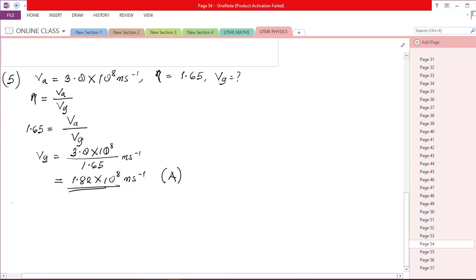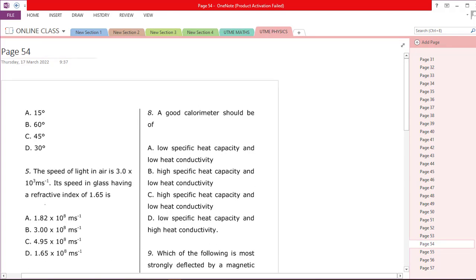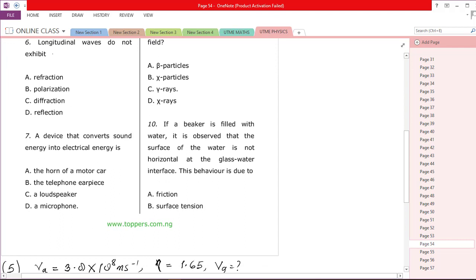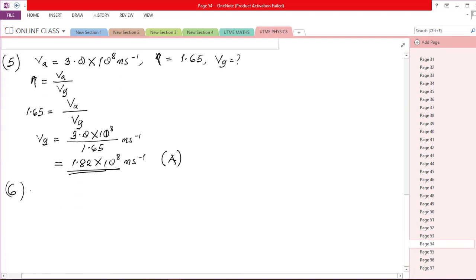Then number 6. What's number 6 here? Number 6 says that longitudinal waves do not exhibit refraction, polarization, diffraction, reflection. The right answer here is polarization. So all longitudinal waves, they don't exhibit that.